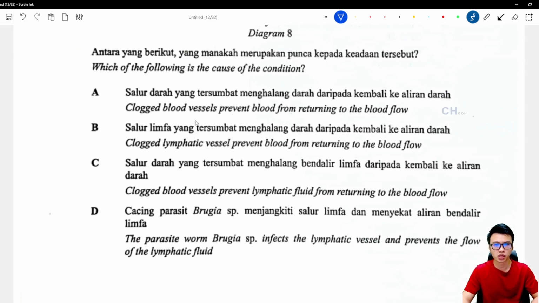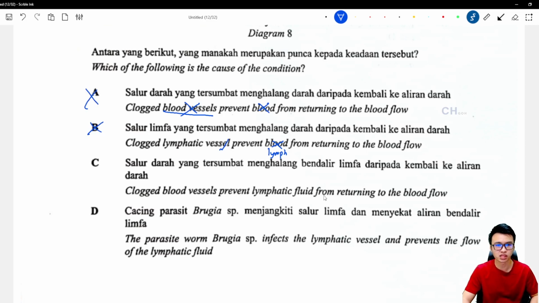So the answer for this question: clogged blood vessel prevents the blood. Now, we are not talking about blood vessel. We are not talking about blood also. So this one is confirmed wrong. Clogged lymphatic vessel, this one is correct, but prevent the blood? It's not blood, it's the liquid we call lymph. So the blood is not the answer. So A and B are wrong.